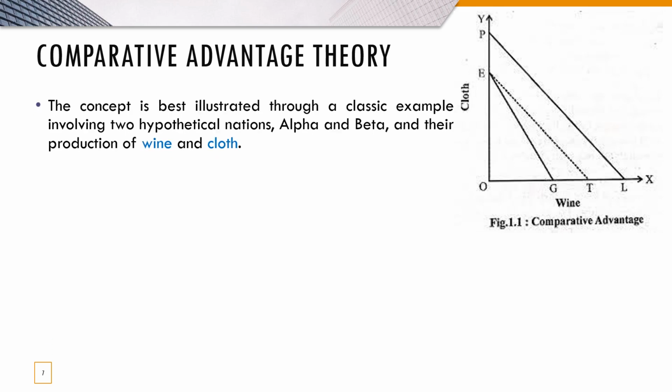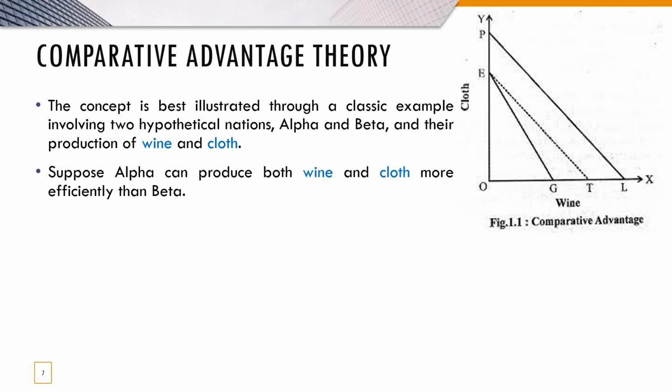The concept is best illustrated through a classic example involving two hypothetical nations. Let us call them Alpha and Beta and their production of wine and cloth. Suppose Alpha can produce both wine and cloth more efficiently than Beta.